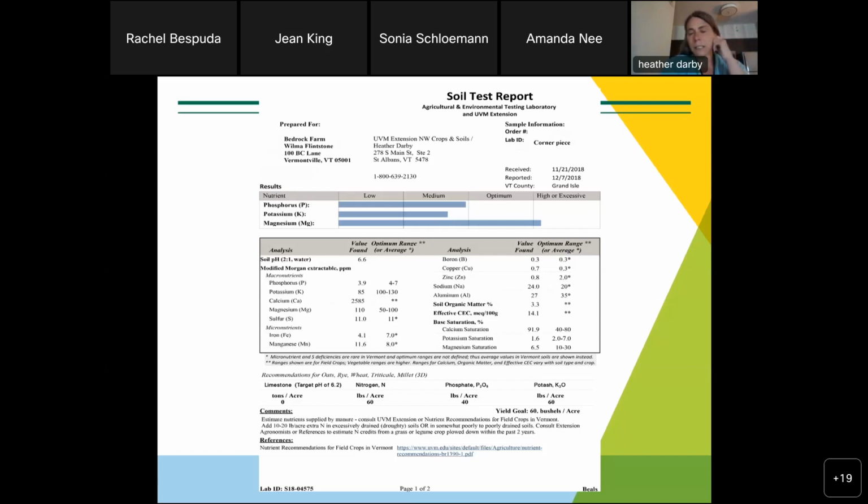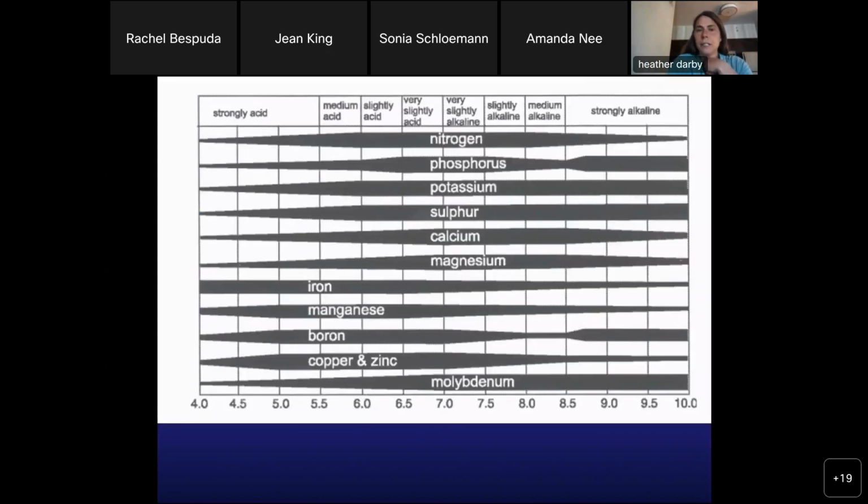Well, ideally for most crops, we're talking about somewhere between 6.5 and 6.8 pH. Now, when we start to get into more acidity or more basic or alkalinity, we can run into some issues with our crops. And I will talk about that here in more detail.